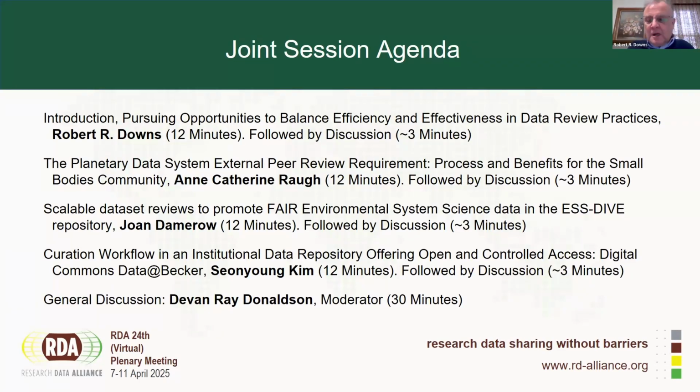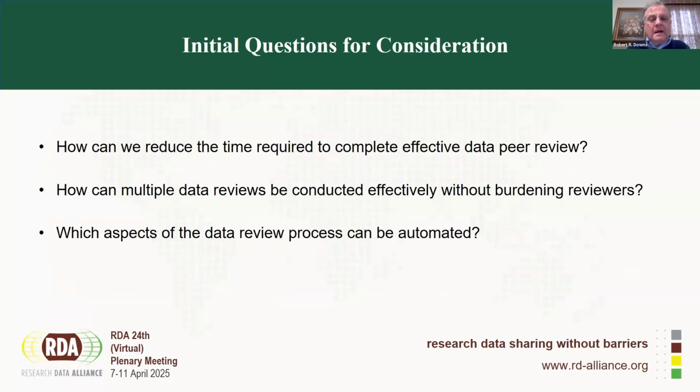Okay, and then moving along. We wanted to share with you some initial questions for consideration. We also ask you to think about additional questions and perhaps jot them down so that in our discussion we can talk about some of these issues. To start, think about how we can reduce the time required to complete effective data peer review.